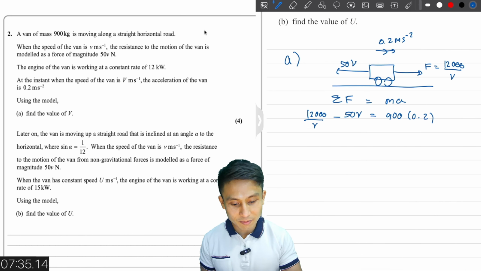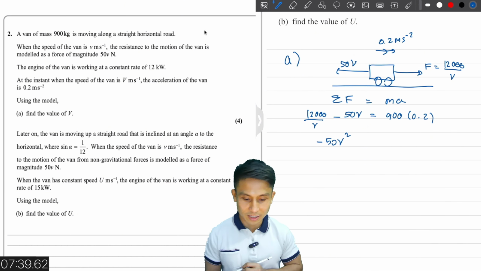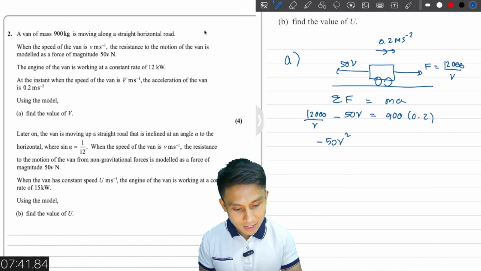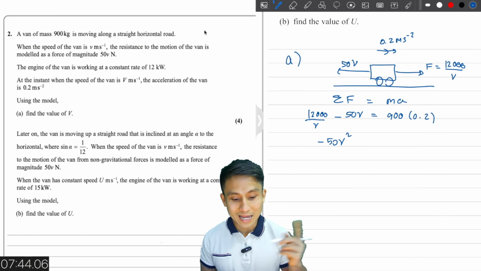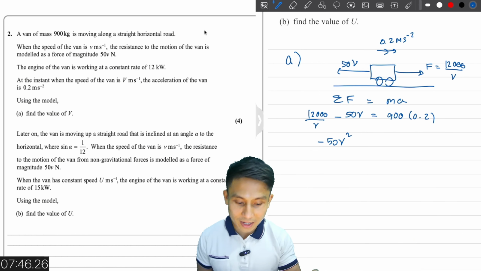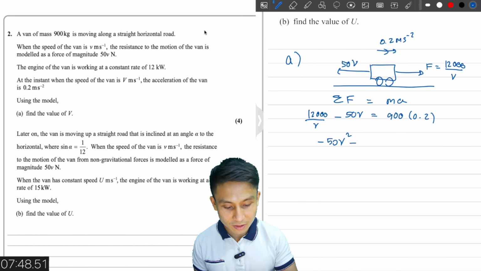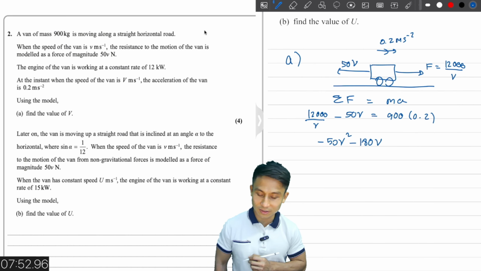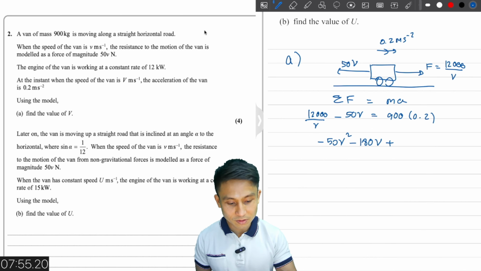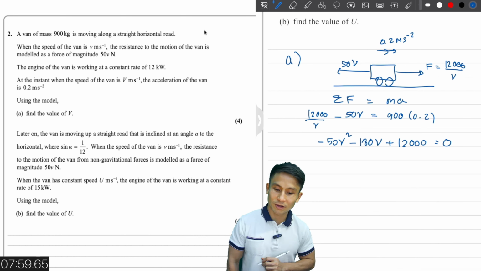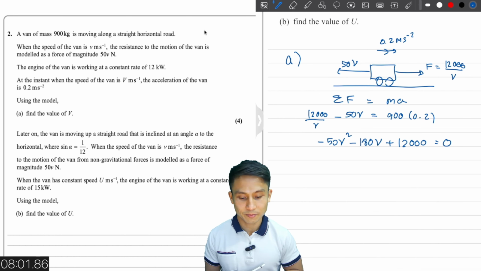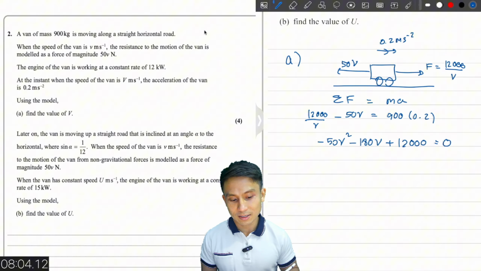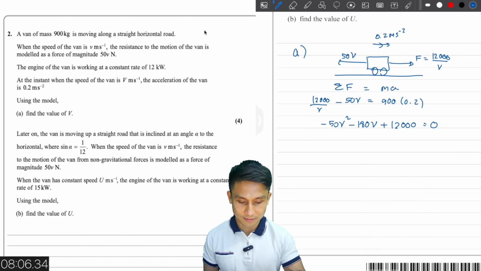So if I multiply by v, I would get minus 50v squared, just tidying up a little bit. And then this one will multiply to 180, and multiplying that by v, you would have a minus 180v on the same side as minus 50v squared. And of course the 12,000 would be a plus, with no v. Everything is fine here, I guess. And then we can solve quadratically.